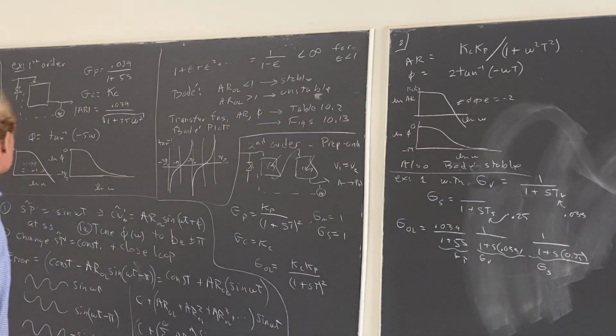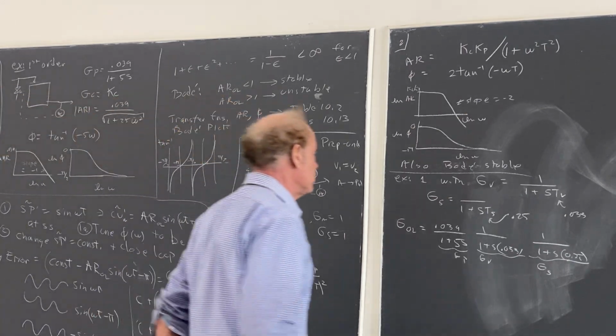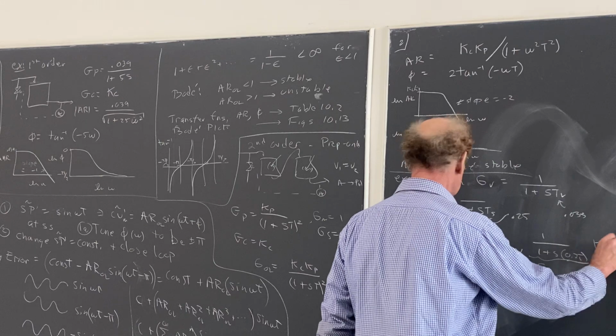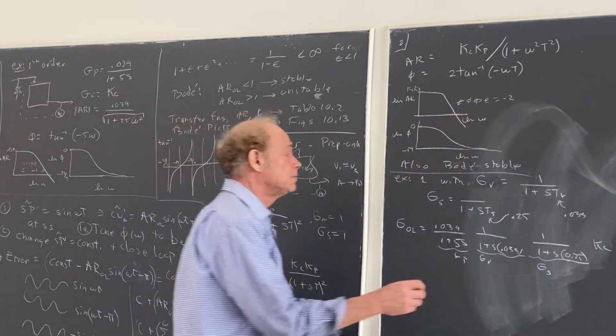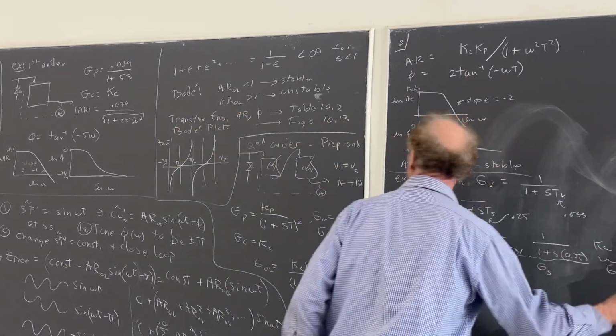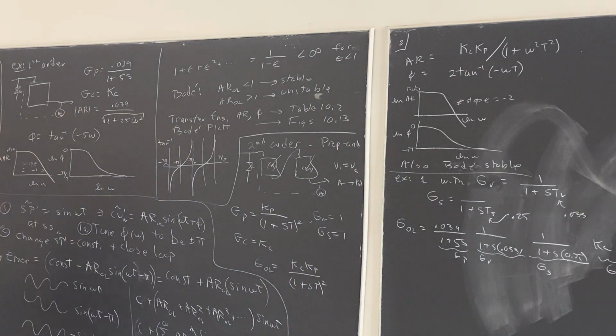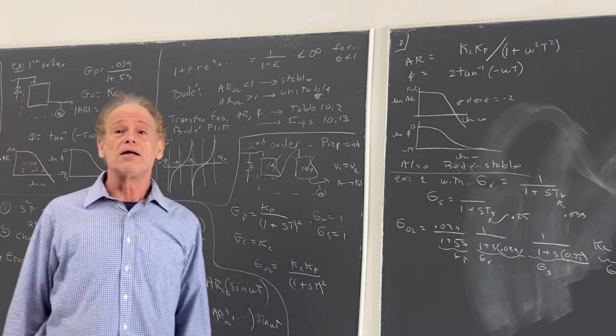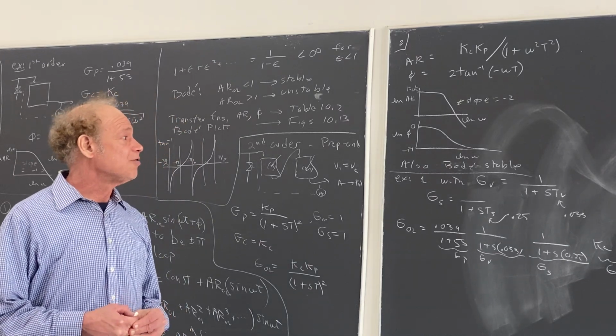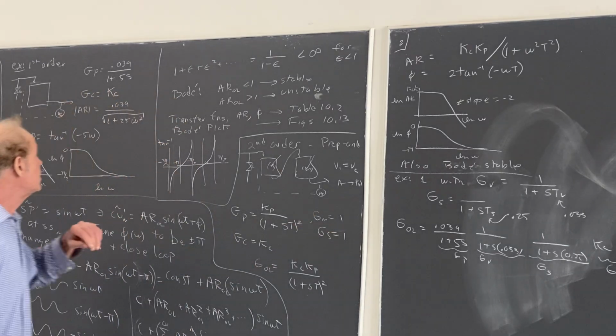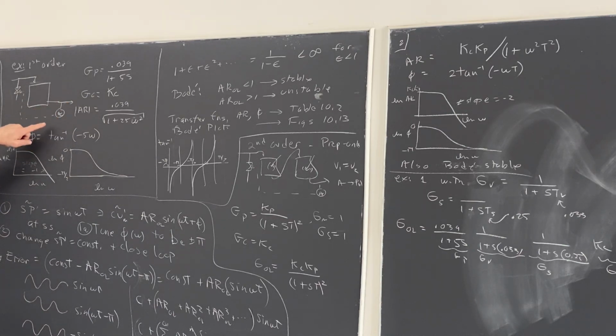And what else is there? Oh, and GC is just KC, because it's proportionally controlled. So let's look at the Bode plot for this system. Now notice, here we had a first order system.